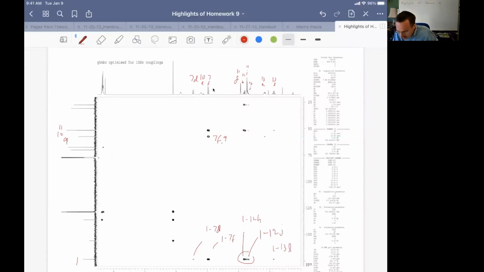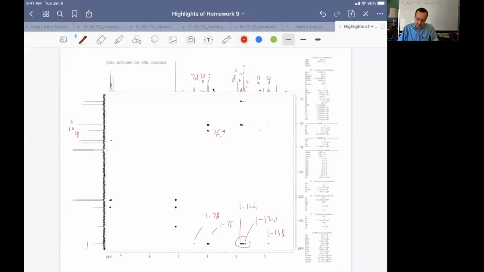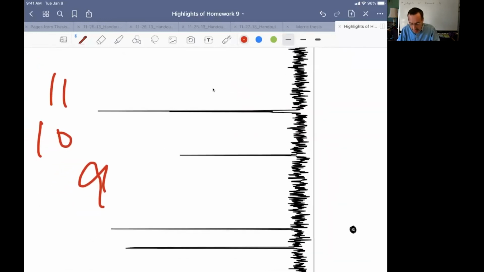This one here, we go to, let's see, what do? We do F1 acquisition. We only did 256 points in the F1 dimension, so our digital resolution isn't that great. But even had we gone to 1024, 10 and 11 are just too close to call here.